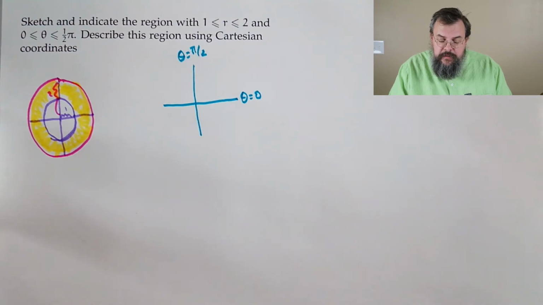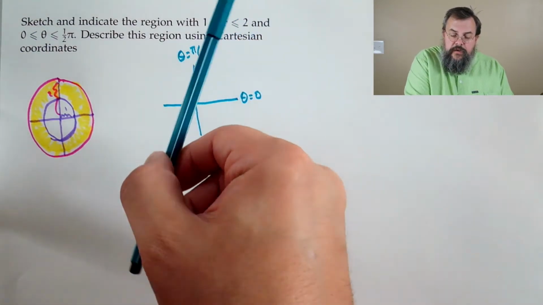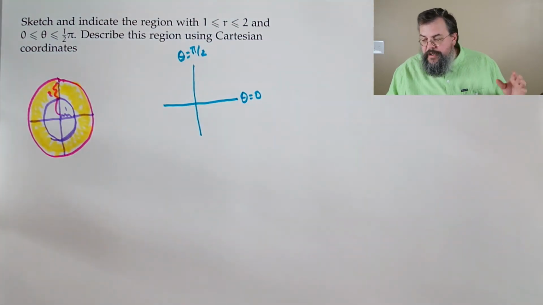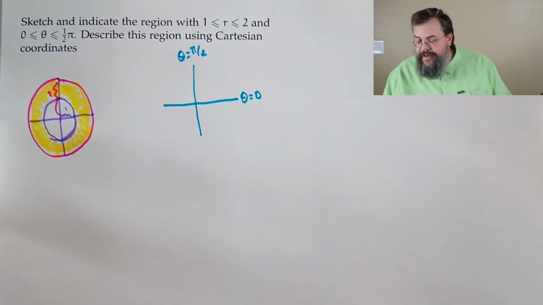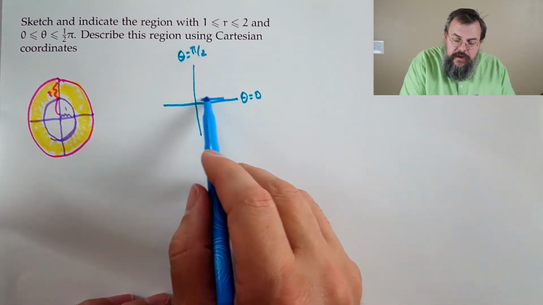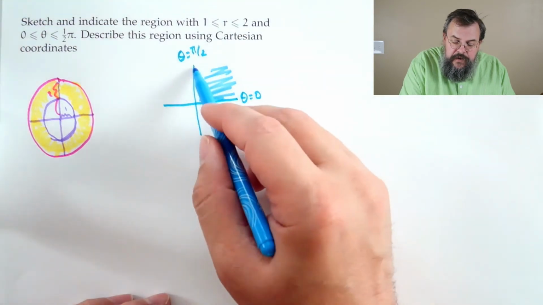So, generally speaking, when we talk about theta between 0 and pi over 2, we're going to mean what happens as we sweep out. So, now I'm going to be slightly ambiguous from what I said before and say, generally speaking, we're going to just assume that we're up here in the first quadrant.